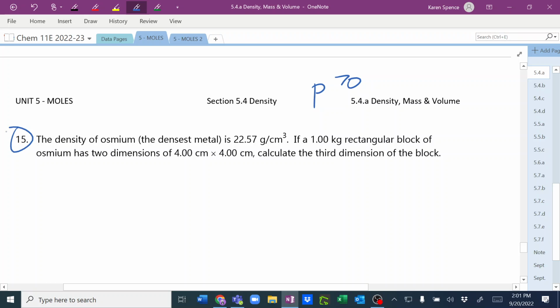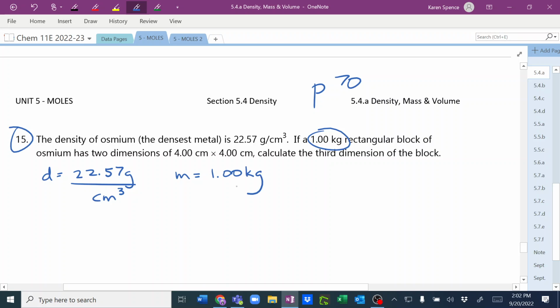So we have the density. I'm just going to write down all the things that I have because I like to do that. It organizes my thoughts. Density is equal to 22.57 grams per centimeter cubed. We know that we have a 1 kilogram block, so the mass is equal to 1.00 kilograms.